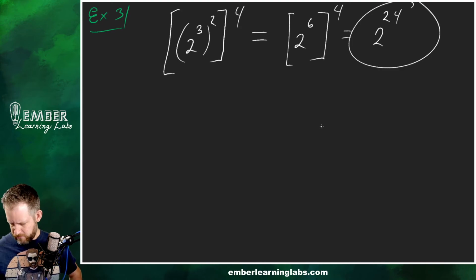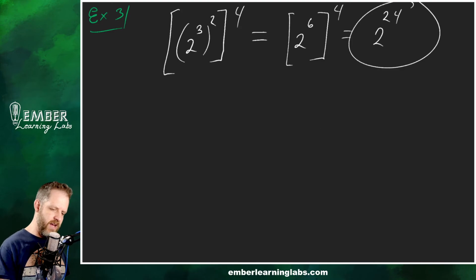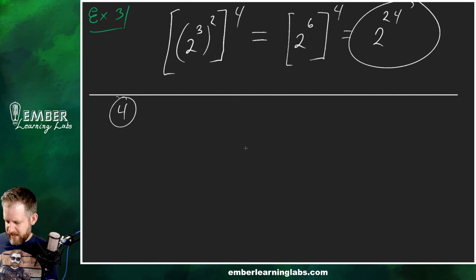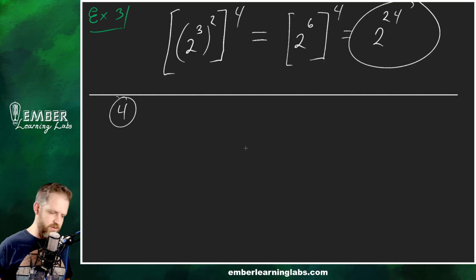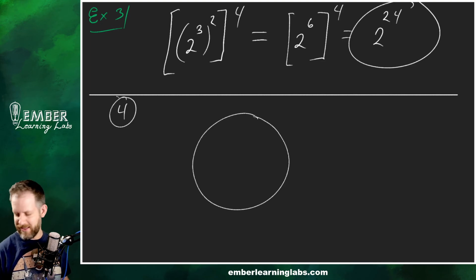Let's see. So we're going to look at a circle. Example 4. I didn't notice this example when I was making this, so I didn't make a pretty circle, so we're not going to worry about a pretty circle. That's mostly a circle. Sure, why not? Looks right.